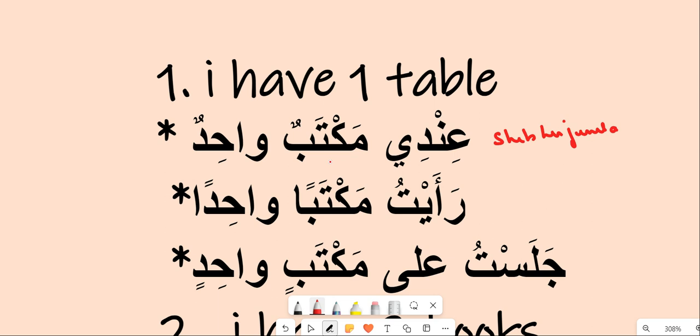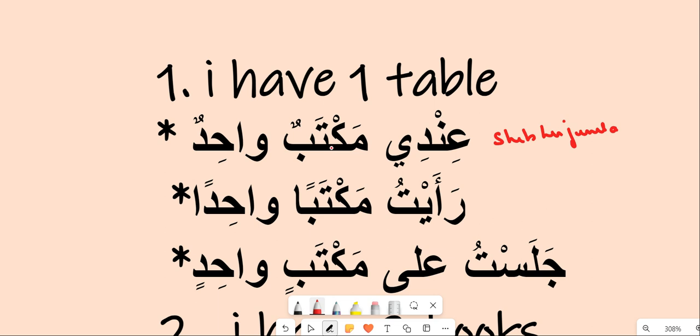The rule is that in Arabic, an Arabic sentence never starts with a nakira noun. So if you take maktabun wahidun indi, you cannot write the sentence in Arabic as maktabun wahidun indi because maktabun is nakira. And a nakira noun never starts an Arabic sentence.